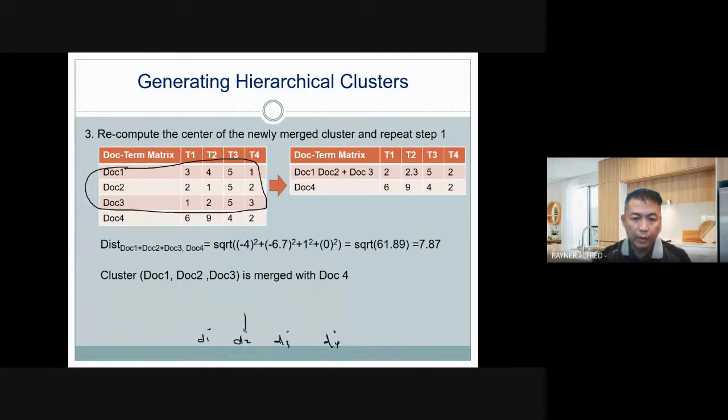So we combine these two first, and then we combine these two, and then lastly we combine this. So this is how it looks like when we draw the Venn diagram. Okay, so we combine 2 and 3 first, and then this cluster with document 1, and then finally we combine the last one.